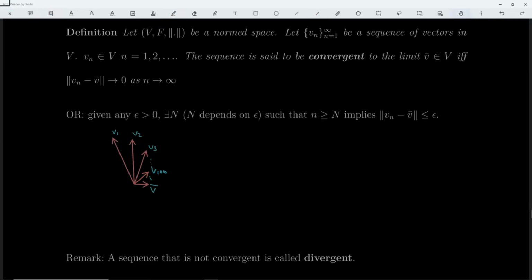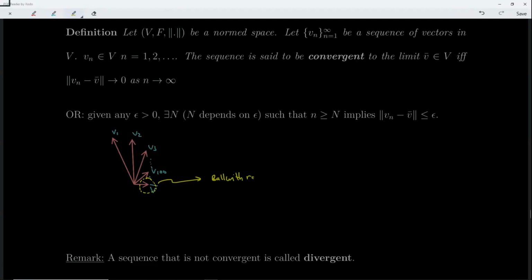All right, so what we would like to do is define a ball of radius epsilon around V bar. That might be one ball with radius epsilon 1, and here is another ball with radius epsilon 2.